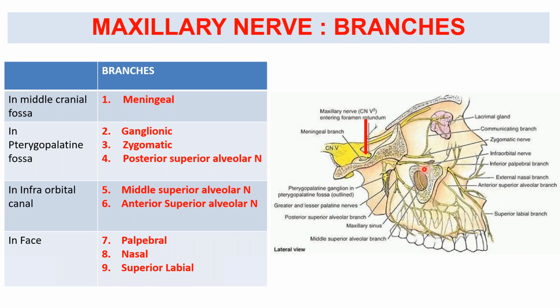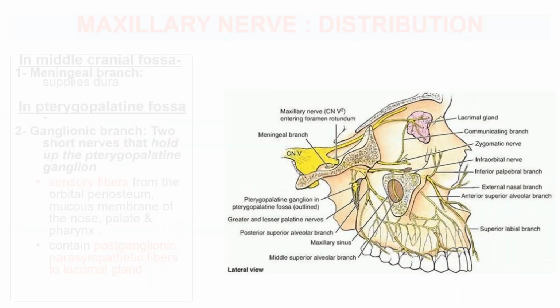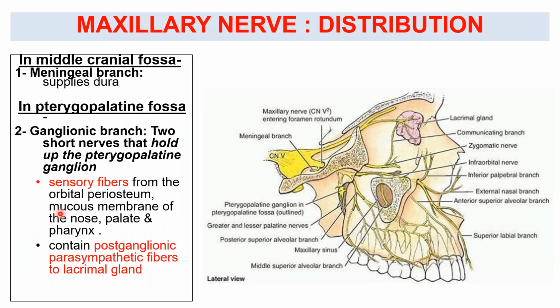In the infraorbital canal, it gives only two branches, the middle superior and anterior superior alveolar nerves, and onto the face, the three terminal branches of the infraorbital nerve, that is the palpebral, nasal, and superior labial. So this is the distribution of each branch of the maxillary nerve.